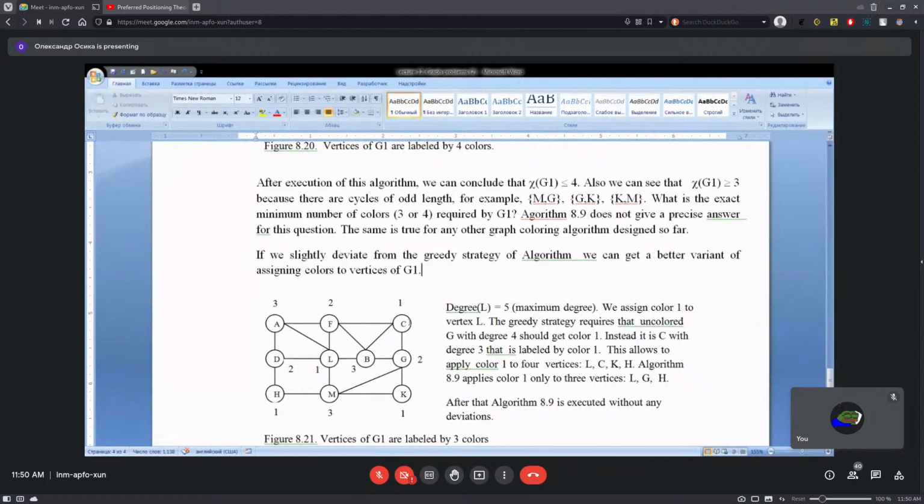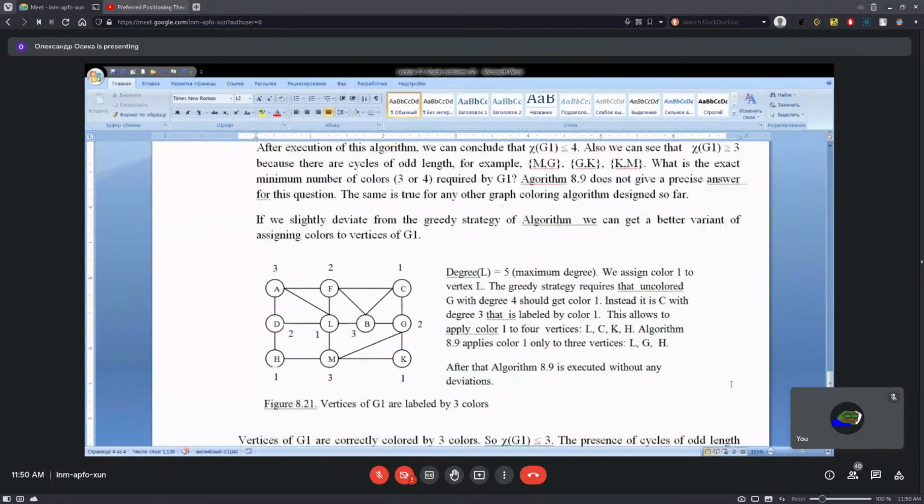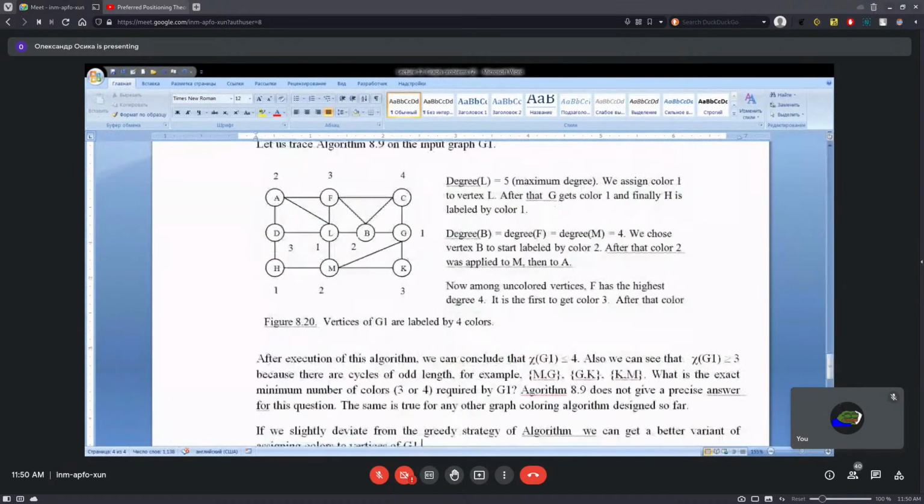This allows us to apply color 1 to 4 vertices, here and here, more. So for L, C, K, H, the previous algorithm applied color 1 only to L and G.